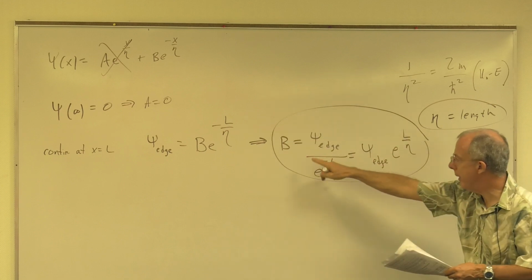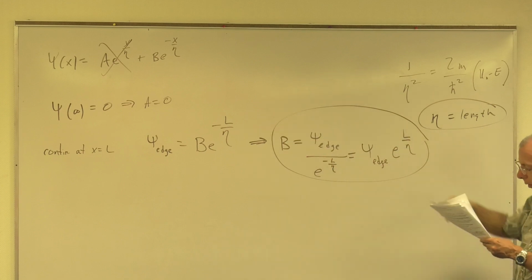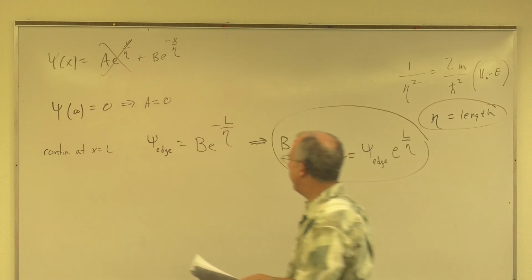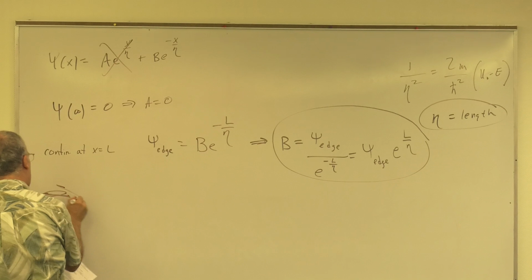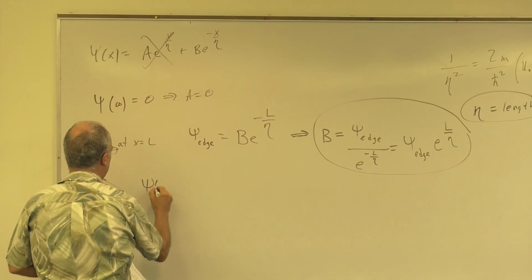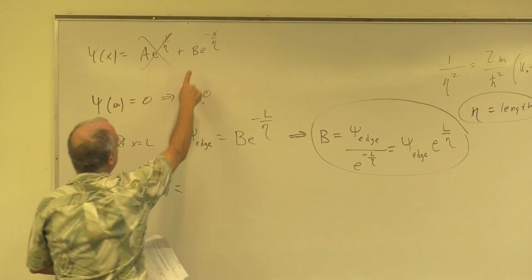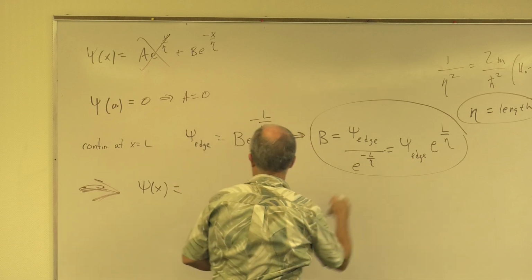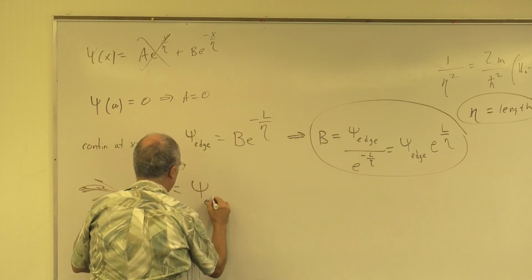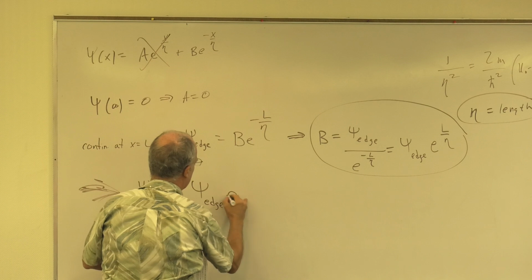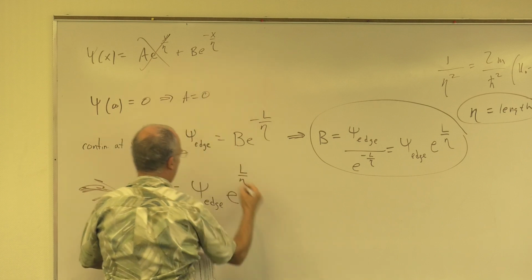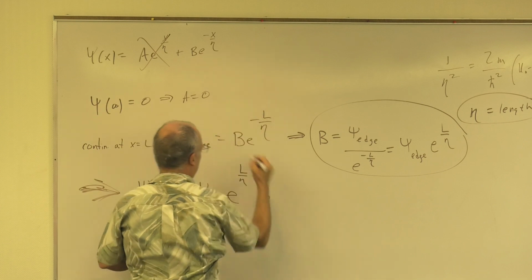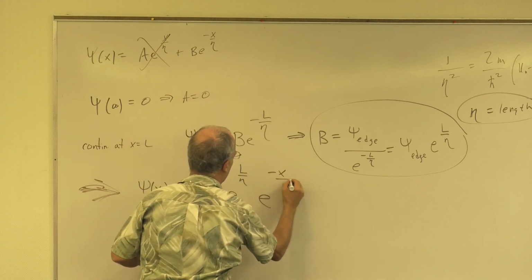Now we know our b, so therefore psi of x equals psi edge e to the L over eta times e to the minus x over eta.